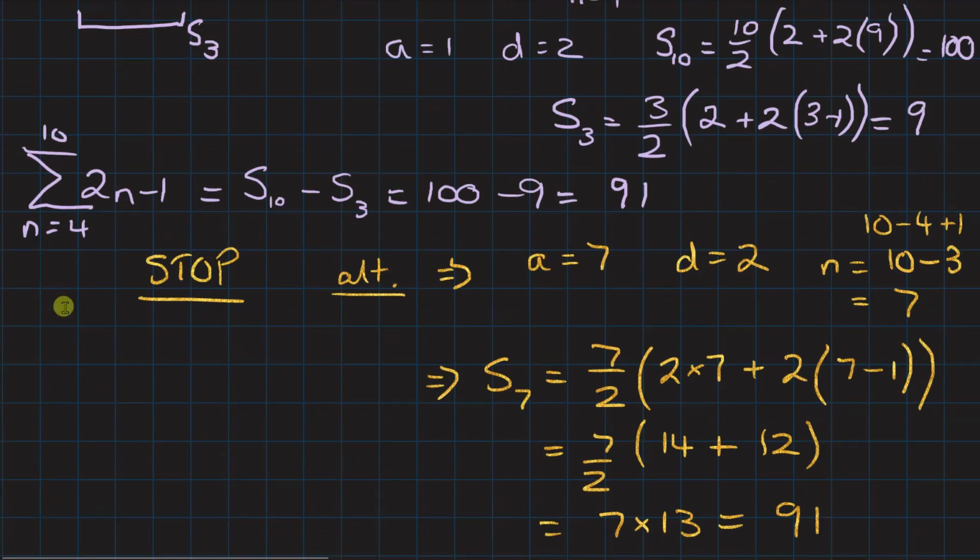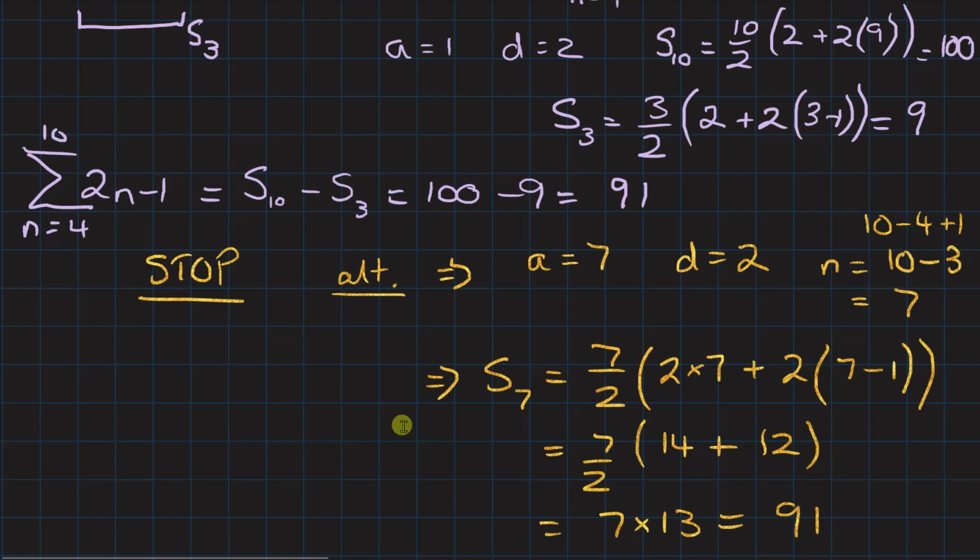So we need term 10, subtract off up to term 3. So we're doing the 4th to 10th terms. So 10 minus 3 is 7. Put that into this formula, and we again get 7 times 13, which is 91. We get the correct expressions.